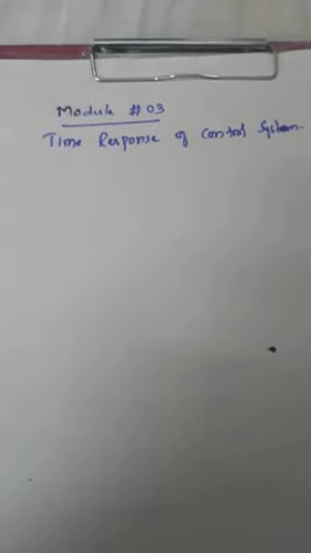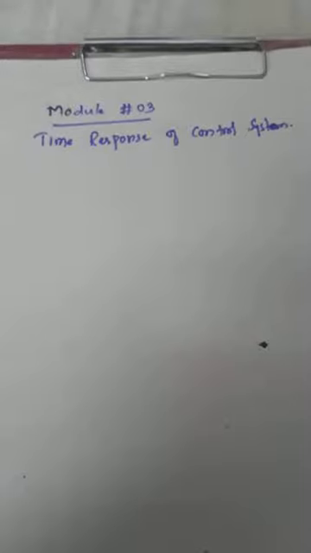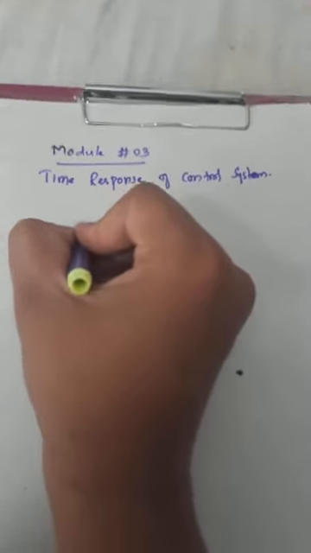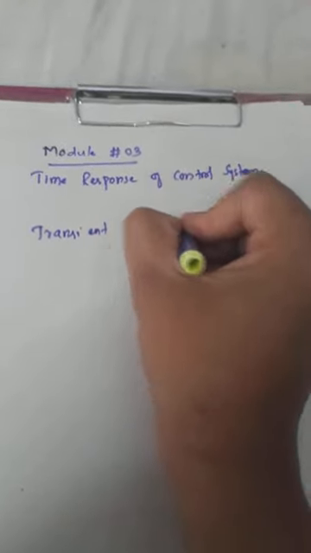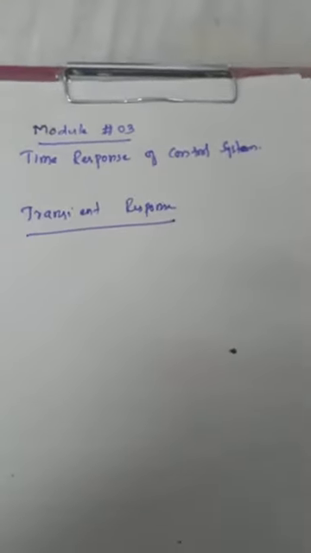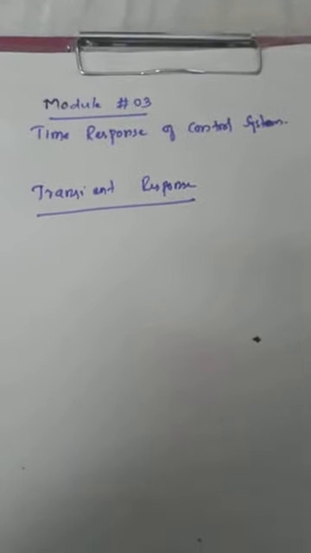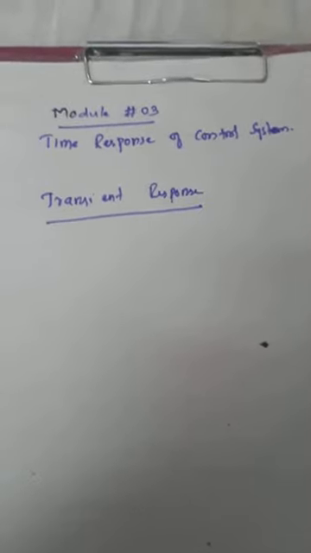So I'll repeat here, the output variation during the time it takes to achieve its final value is called the transient response. So what is transient response? The output variation during the time it takes to achieve its final value is called transient response.